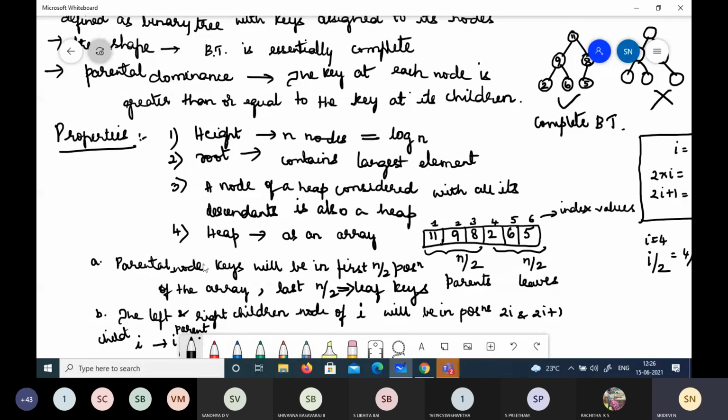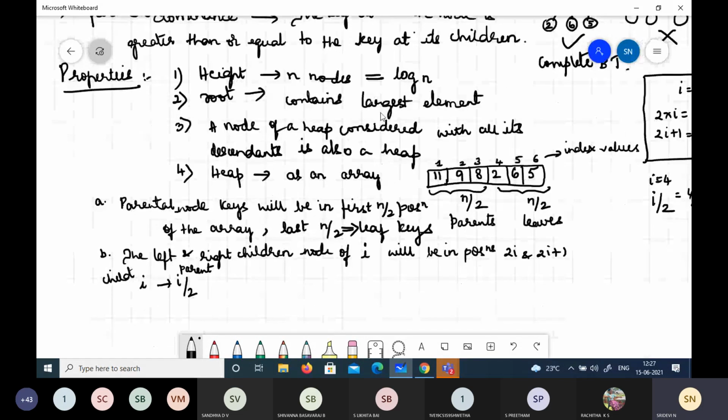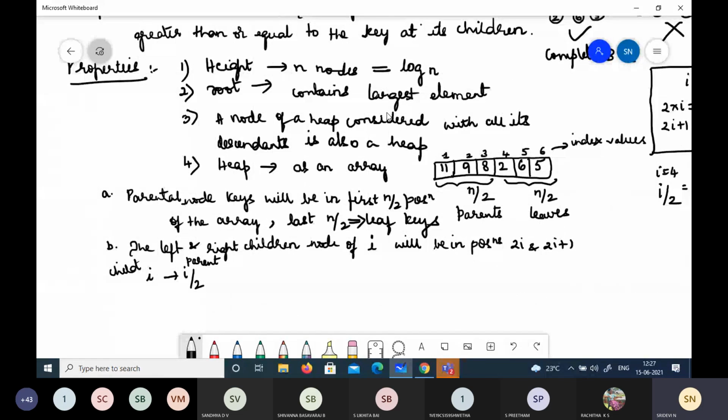Once it is implemented as an array, parent node keys will be in the first n by 2 positions, and children nodes in the next n by 2 positions. The left and right children of node i will be in positions 2i and 2i plus 1, because you know all these things; these are discussed in DS already. If a child position is given, you can find the parent position easily. It is i by 2.